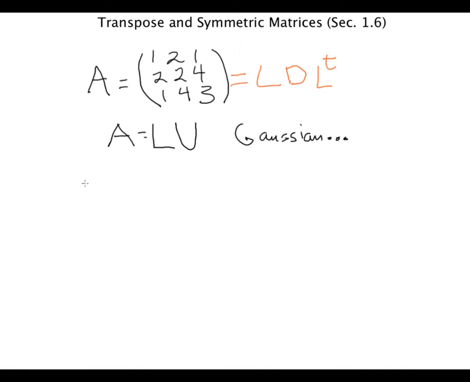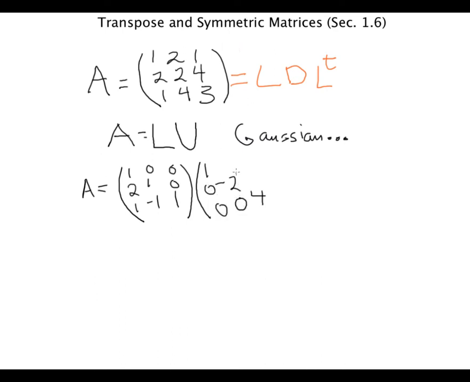Okay, let's see. What I got was A is equal to the special lower triangular matrix 1, 1, 1, 2, 1, minus 1, times 1, minus 2, 4 down the diagonal, and 2, 1, 2 above the diagonal.